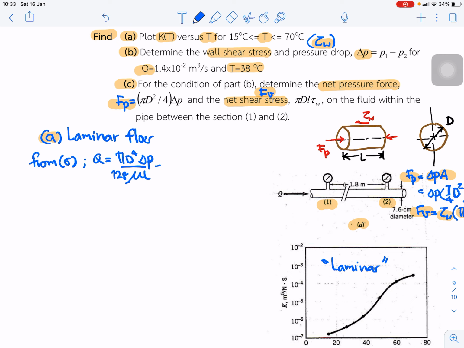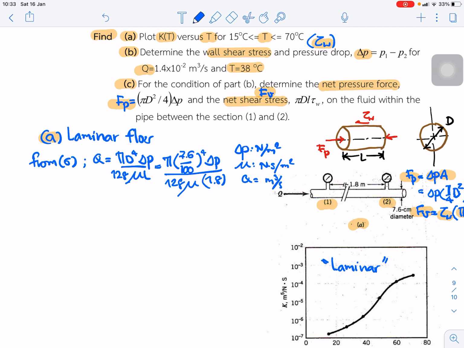In this equation, we substitute the numbers for pi and D. The diameter of the pipe is 7.6 centimeters, delta P is divided by the viscosity, which we don't know yet, and L is 1.8 meters. The unit of delta P is Newton per square meter, the unit of dynamic viscosity is Newton second per meter square, and the unit of Q is meter cubed per second.